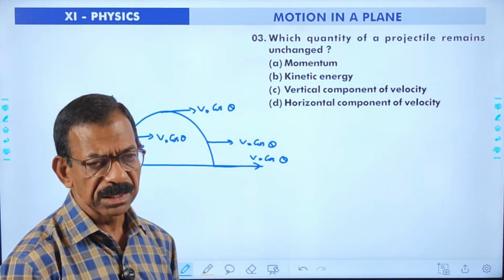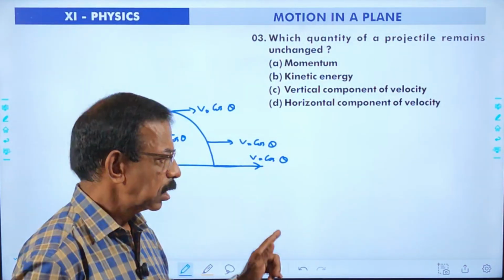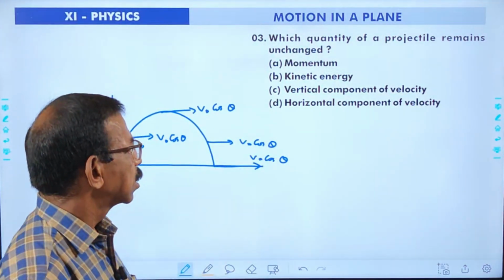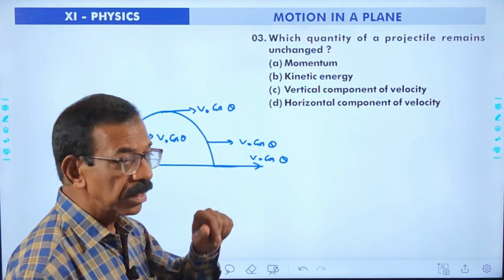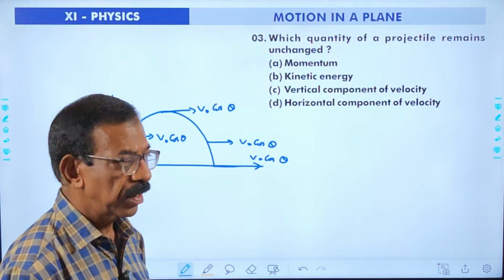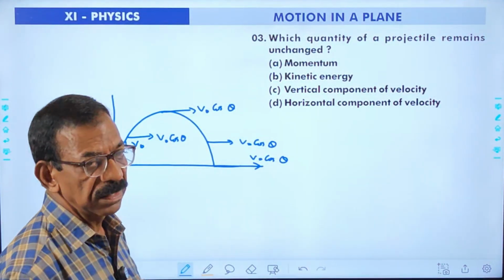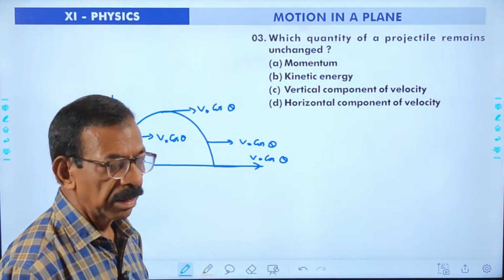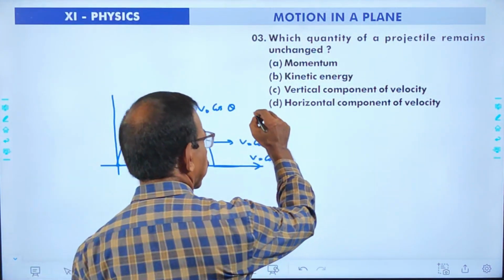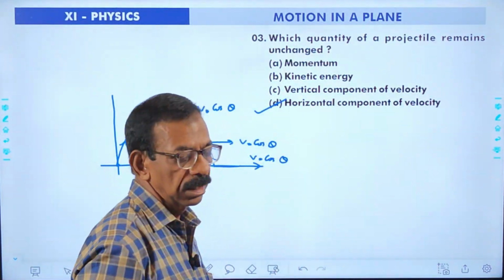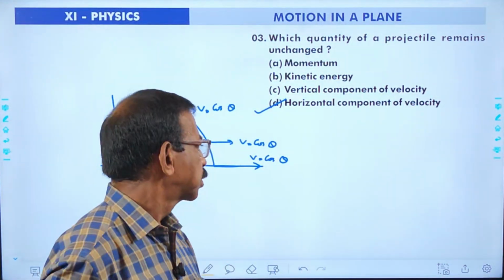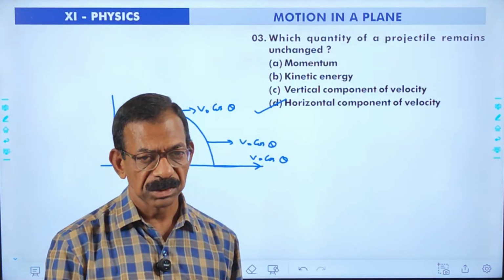The vertical motion is with the uniform acceleration, but here we mention only the horizontal component. Hence, the vertical component of velocity may change. Kinetic energy may change, momentum may change, but the horizontal component of velocity will remain constant. Hence, the correct answer is option D, horizontal component of velocity.